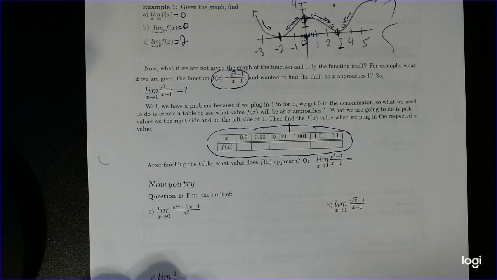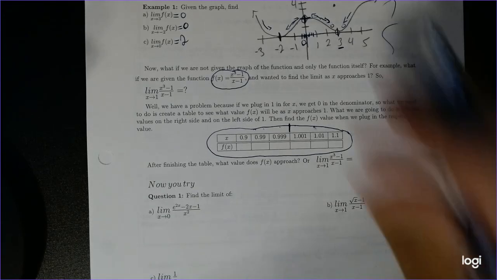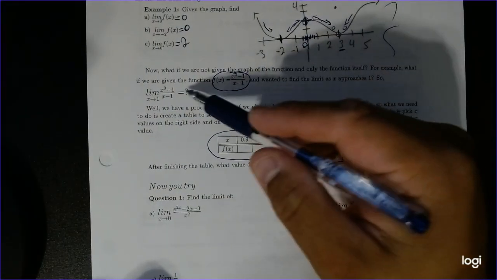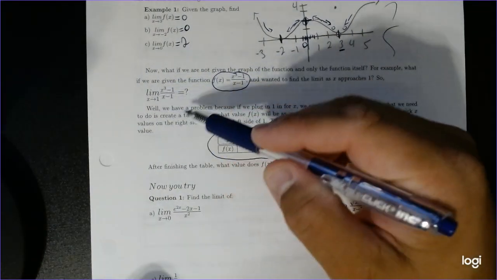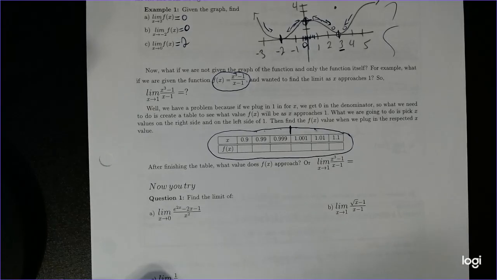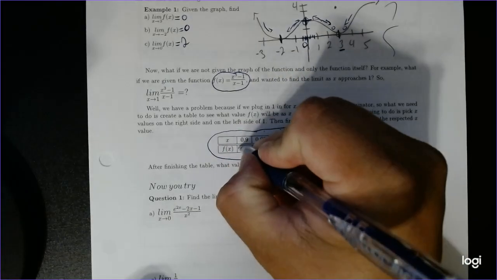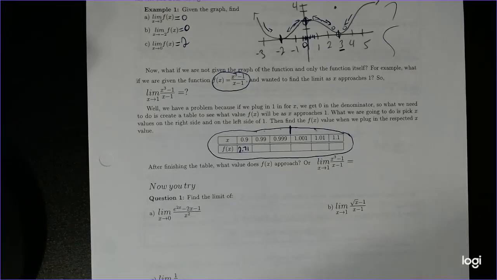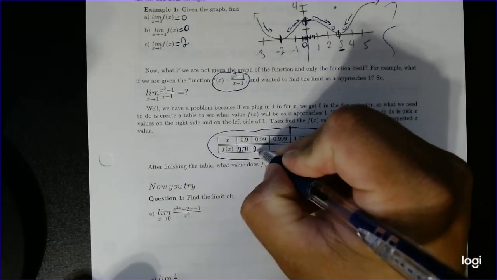Okay. So let's see what we get. If we plug in 0.9 into our function right here, you get about 2.71. And if I plug in 0.99, we get 2.97.